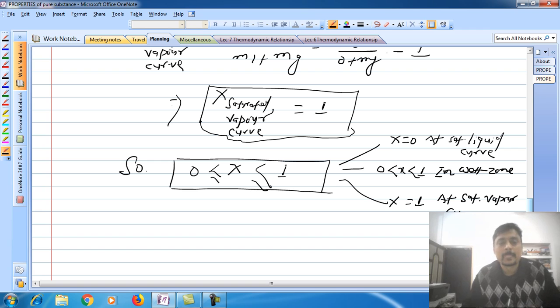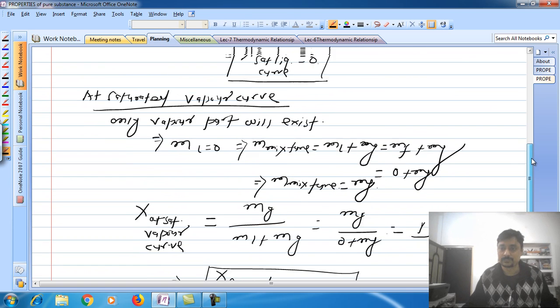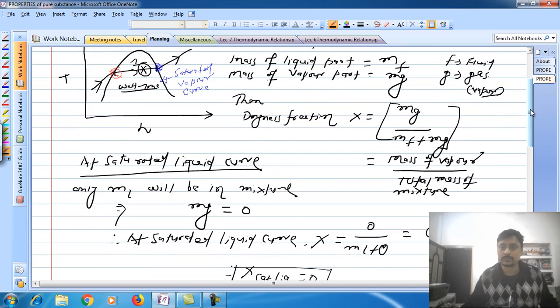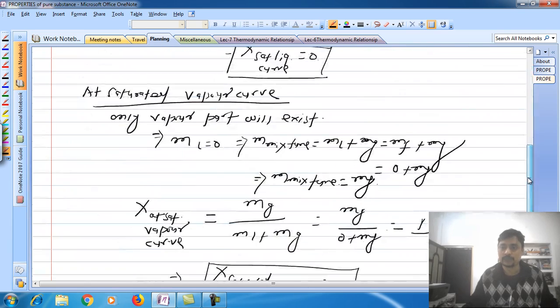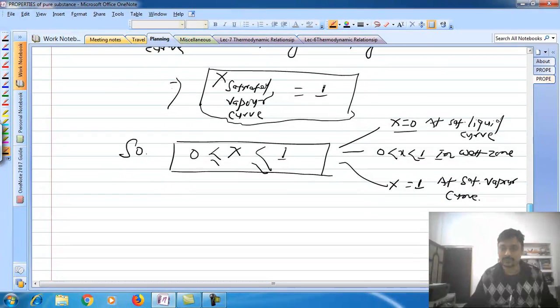So finally, the dryness fraction will be lying between 0 to 1, where this dryness fraction will be 0 at saturated liquid curve, lying between 0 to 1 in the wet zone, and 1 at saturated vapor curve. This is an important discussion about the dryness fraction, right? We need to understand the dryness fraction.